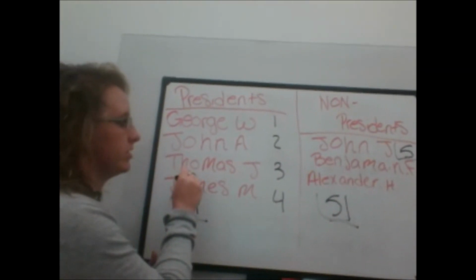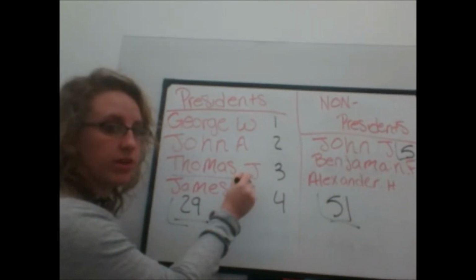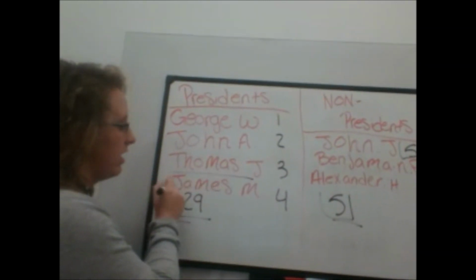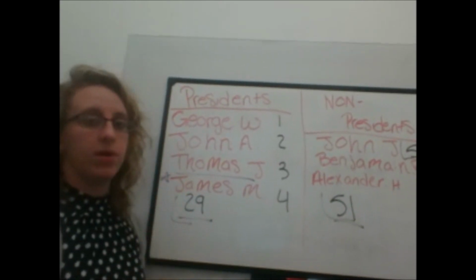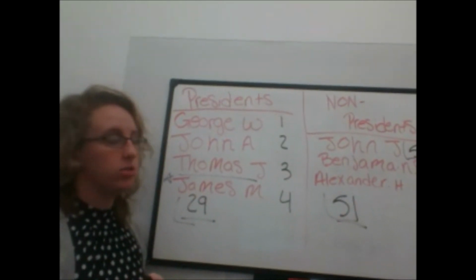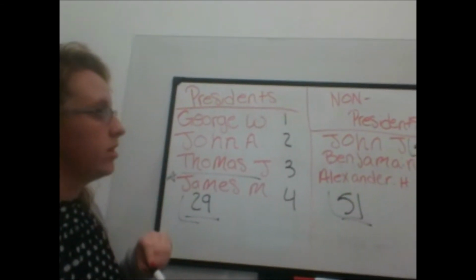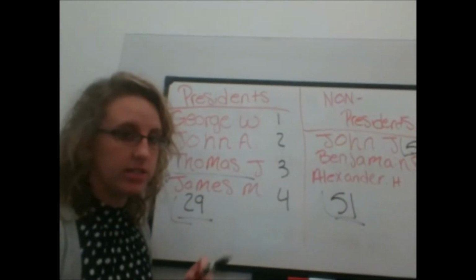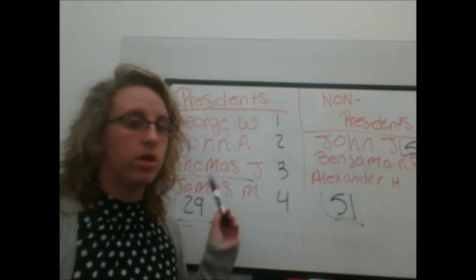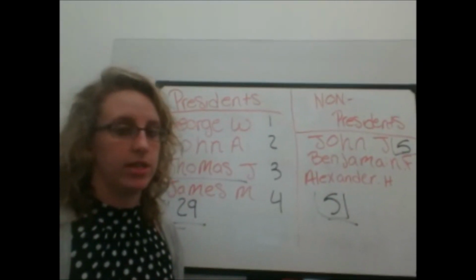Thomas Jefferson was known for writing the Declaration of Independence. James Madison's biggest contribution, writing the Bill of Rights for the Constitution. George Washington, aside from being the first president of the United States, he also was the only nonpartisan president.